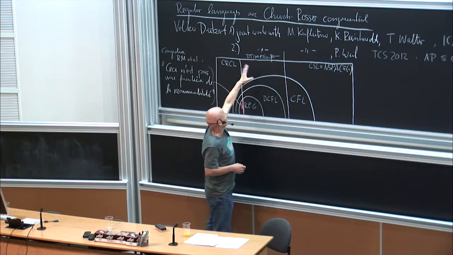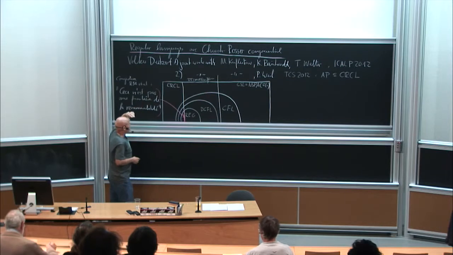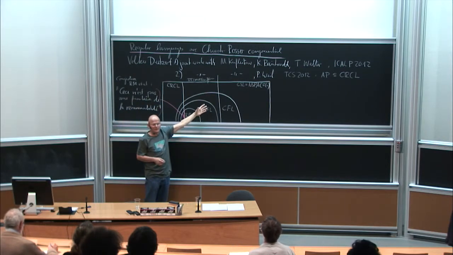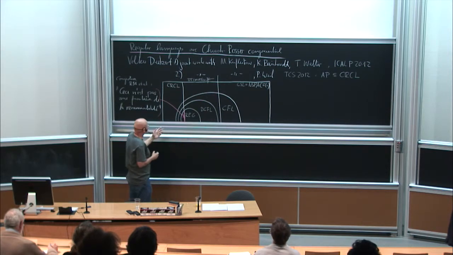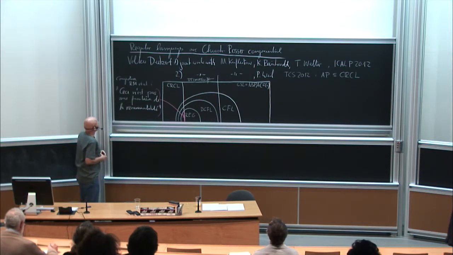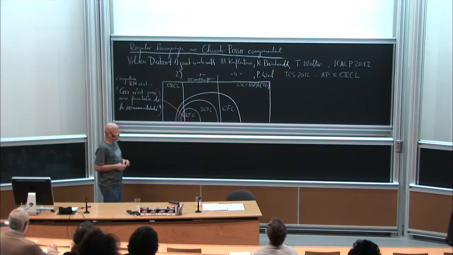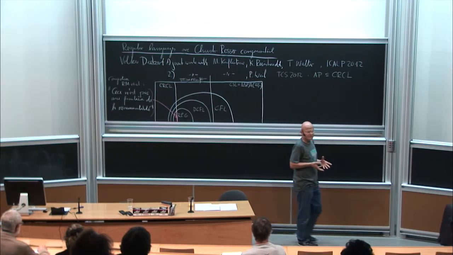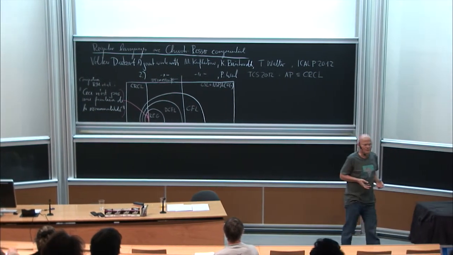Some of them have this time complexity, and it's known that the deterministic context-free languages have this time complexity, okay? And of course, regular languages as well. And it was a time of word rewriting, and one was interested in syntactic conditions on rewriting systems which give you the same time complexity.